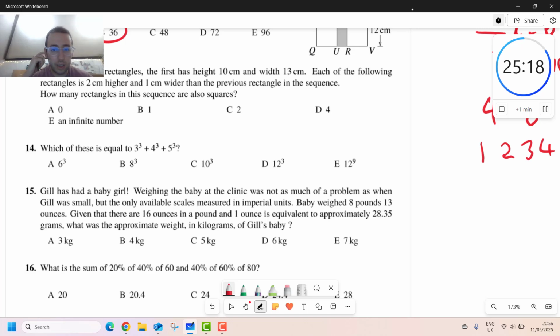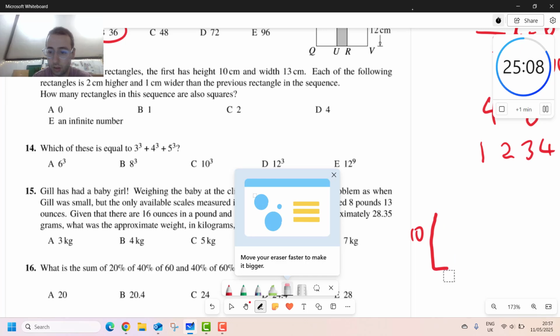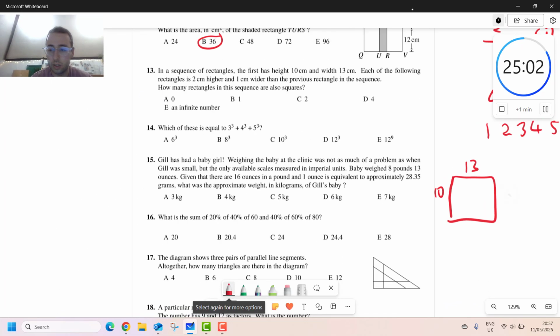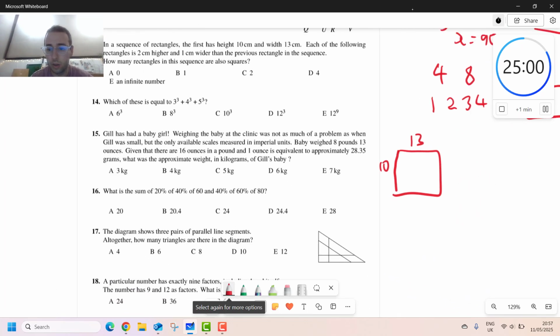The first has height 10 and width 13. Okay, so what we're doing, this is 10. Oh wait. And this is 13. And it's 2 centimeters higher. So here we've got 10.